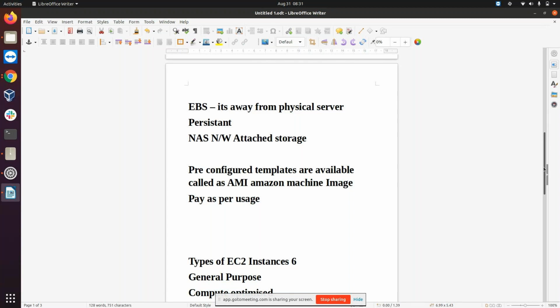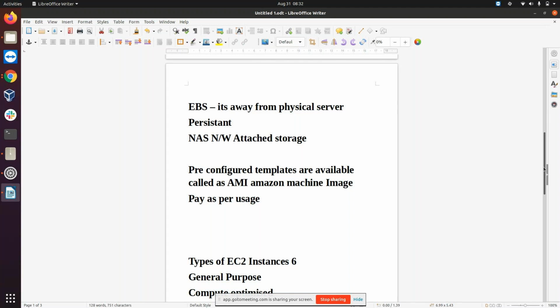Here we call that mechanism an AMI, Amazon Machine Image, a pre-configured template. Please understand, as and when you create one operating system, that is an EC2 instance, in the AMI section your template is by default available. From the next time onwards, whatever operating system and resources you used, on the base of the same template you can create another virtual machine.